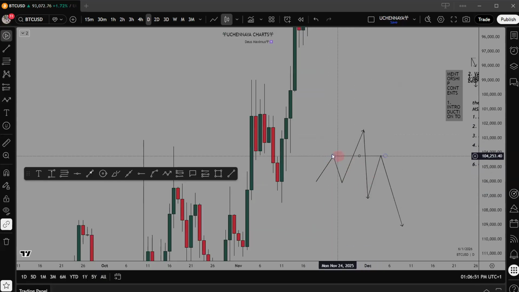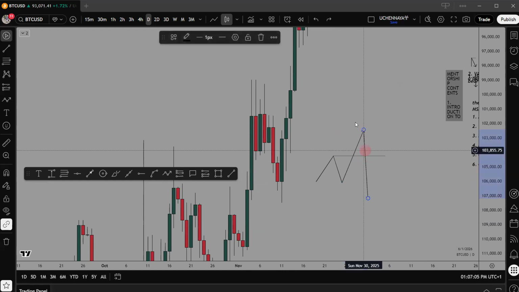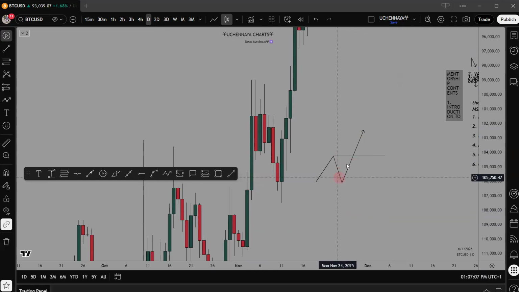A bearish QML is a resistance that gets broken and turns into a support, to sponsor more buys from here.